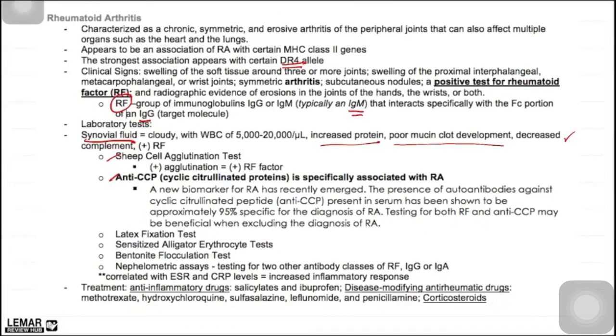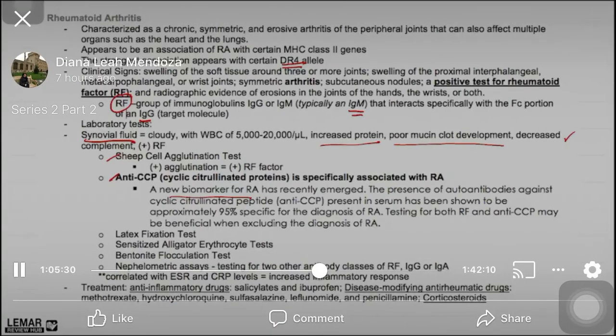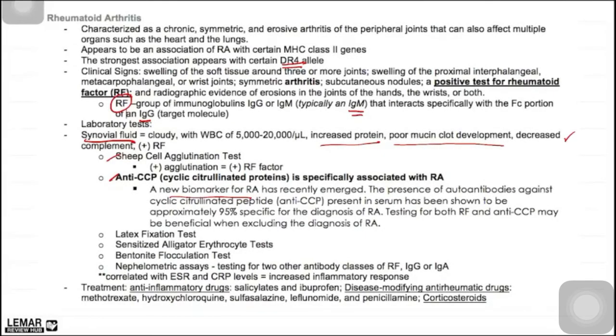This is a new biomarker for RA, present as autoantibodies against the cyclic citrullinated peptide, or anti-CCP. This is present in the serum of patients with rheumatoid arthritis and has been shown to be specific for RA, with approximately 95% specificity for the diagnosis of RA. So testing for both RF and anti-CCP may be beneficial when excluding the diagnosis of RA.